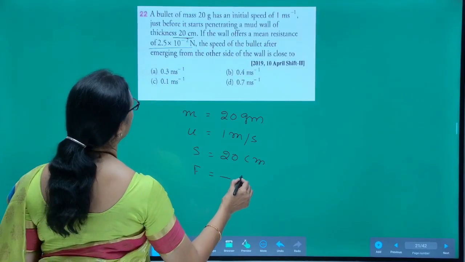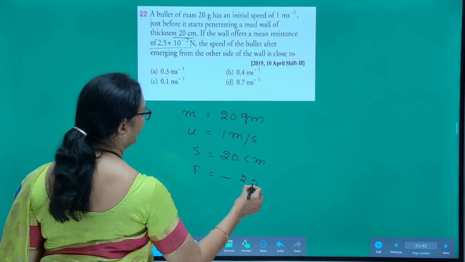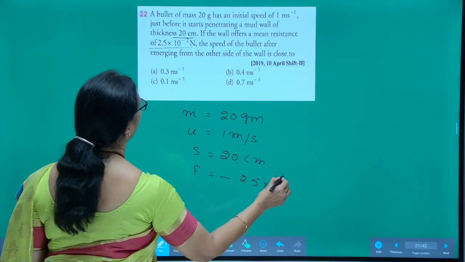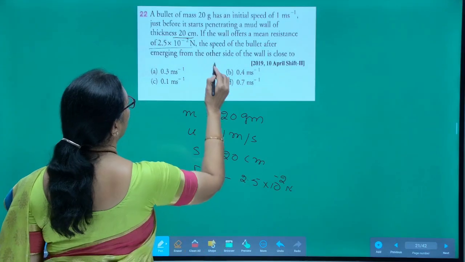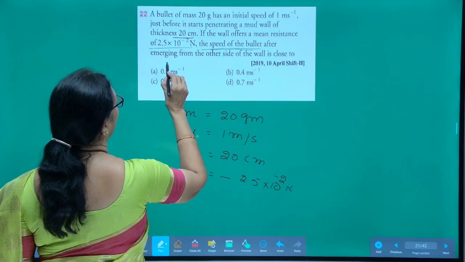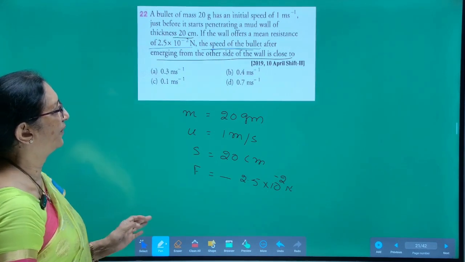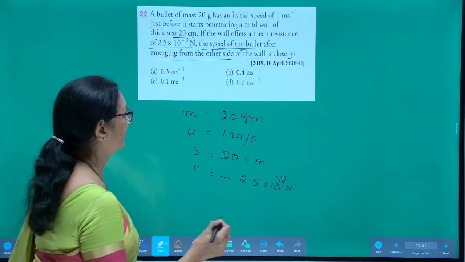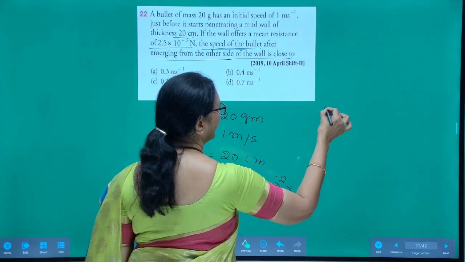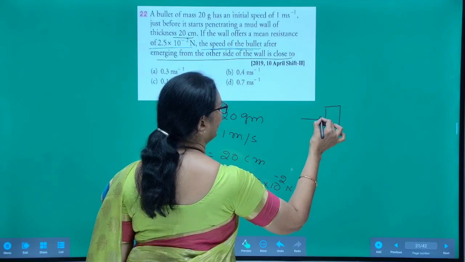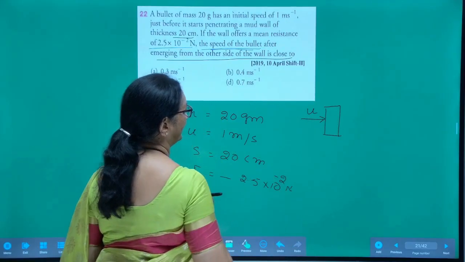So, minus 2.5 into 10 to the power of minus 2 Newton. You are supposed to find the speed of the bullet after emerging from the other side of the wall is close to. So, here look, this is the initial velocity of the bullet.